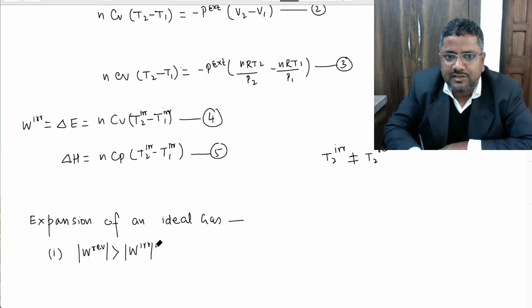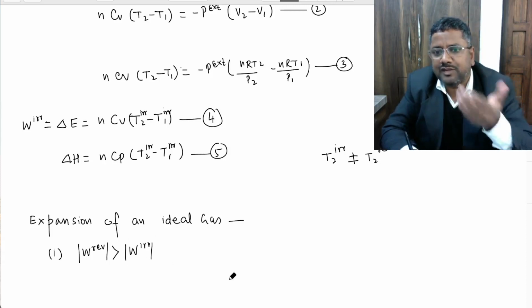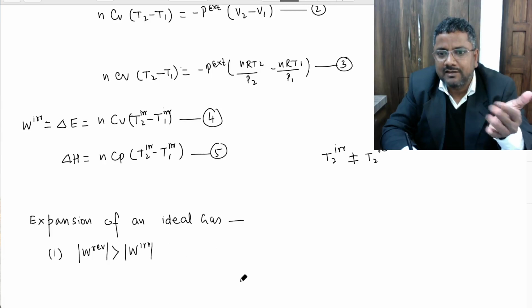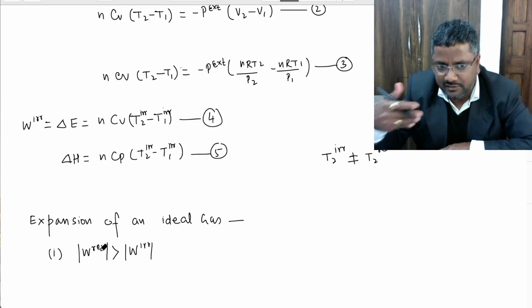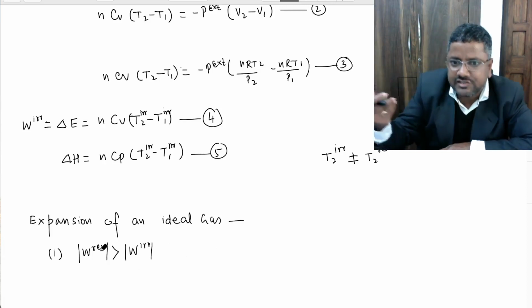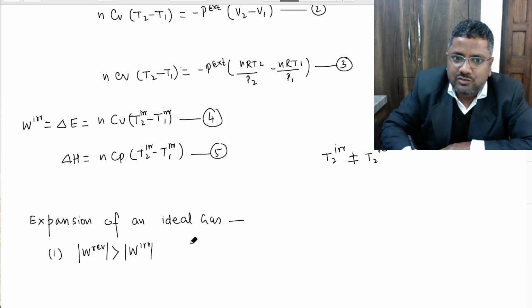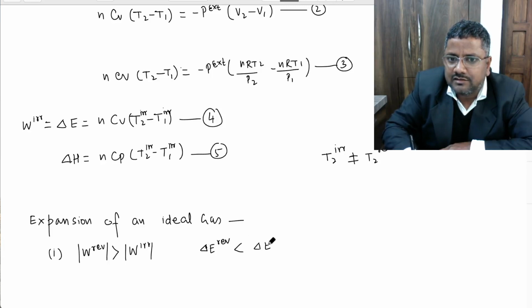If W reversible is more than W irreversible, then the loss in internal energy, in which case is it more? Because whatever work is done by the gas, that energy is coming from internal energy. So the loss of internal energy, you can say delta E reversible is less than delta E irreversible.